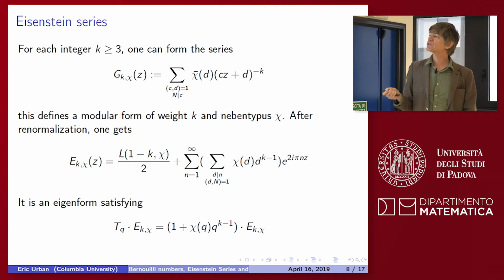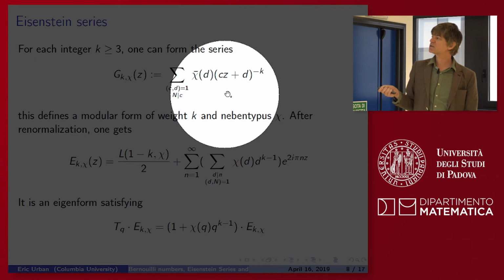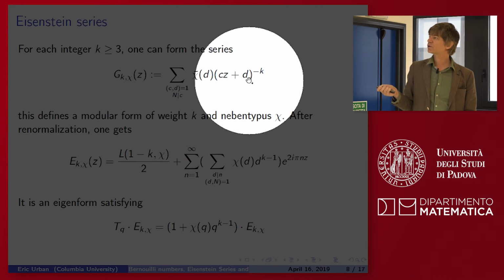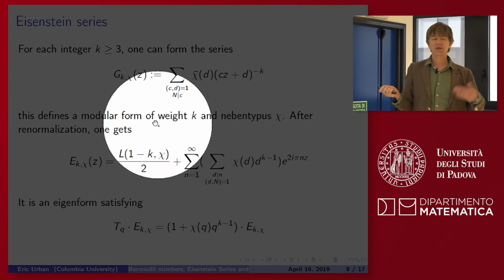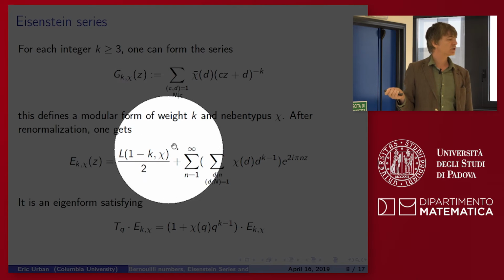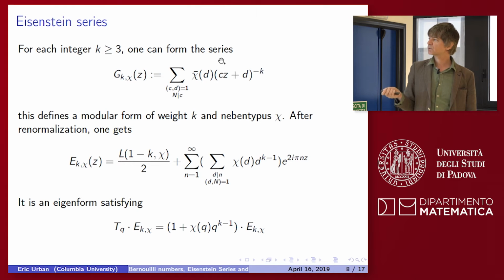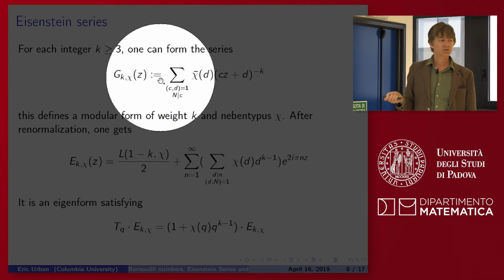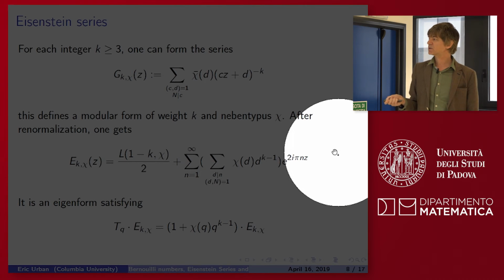And actually, you can do that also when k equals 2, but when k equals 2, this series is not convergent. So you have to add a complex variable and show that you have an analytic continuation, and then evaluate at s equals 0. If you renormalize this function, what you get is something like this.